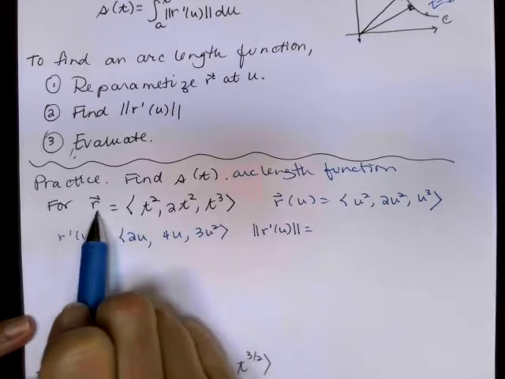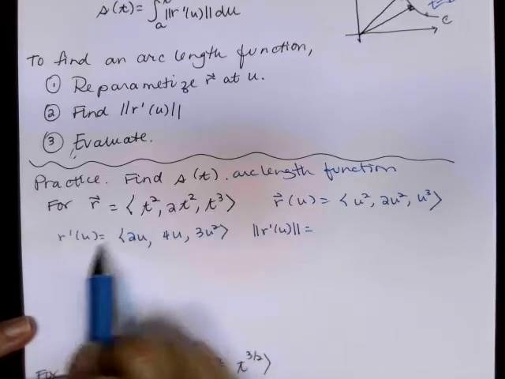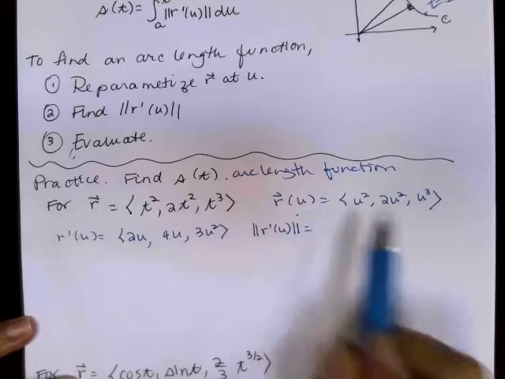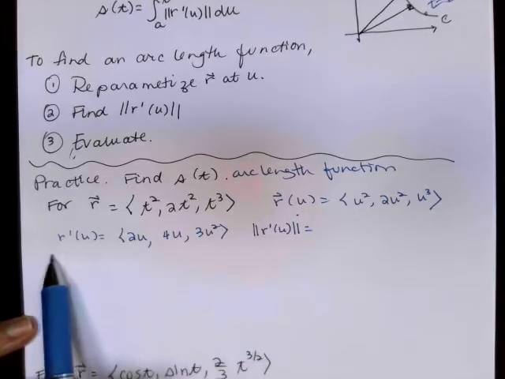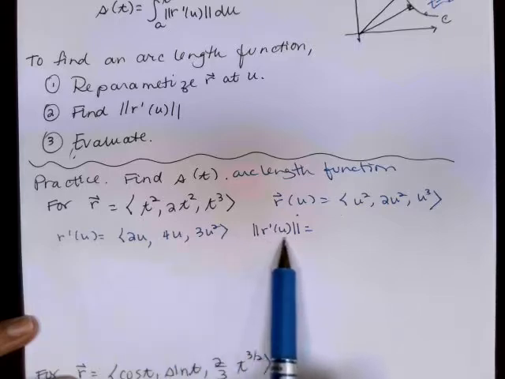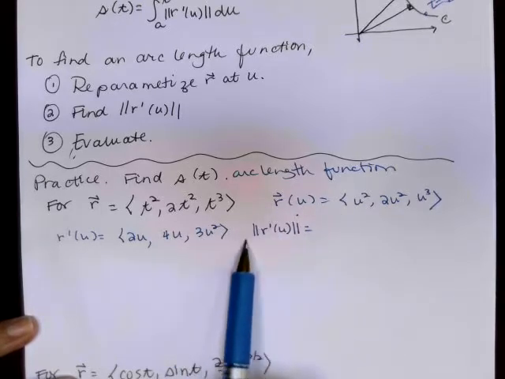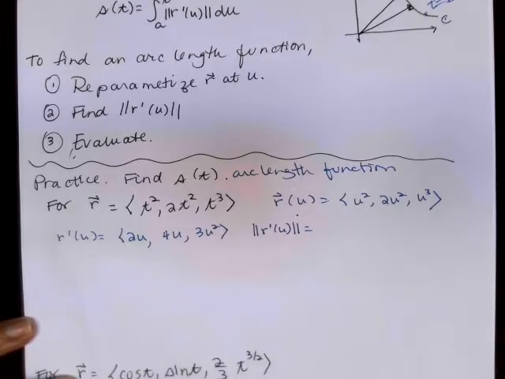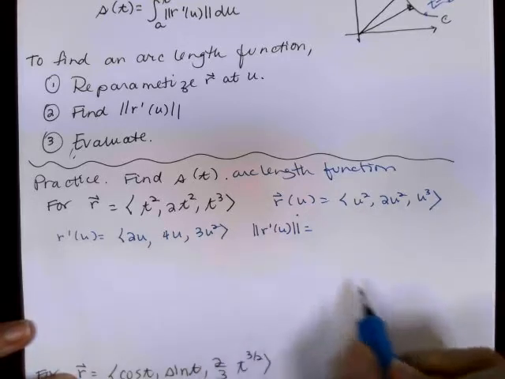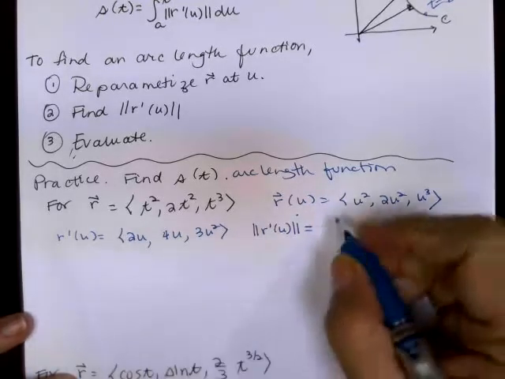So r is our position, still a position even if I just change to be u's. R prime then is the velocity vector. So what we're finding here is the speed. So it's kind of like the positive version. I don't care about the direction. I just want the magnitude that we're moving. Think about it. You're checking your speedometer as you go along. Okay. So square them, add them, root them.